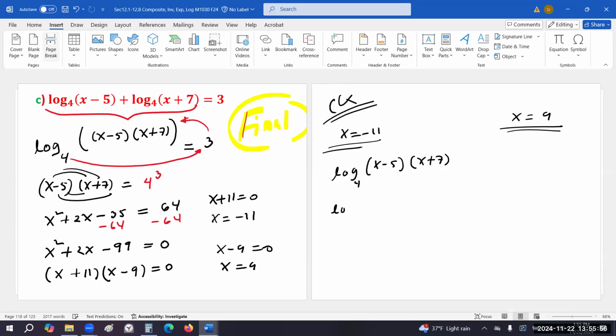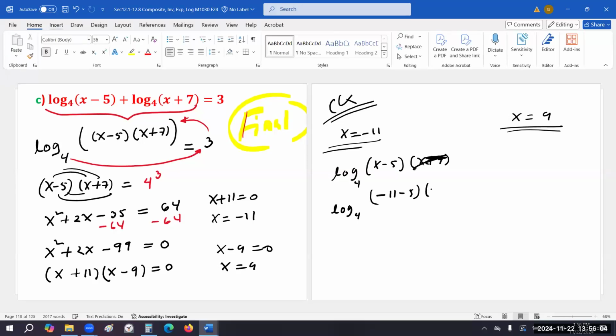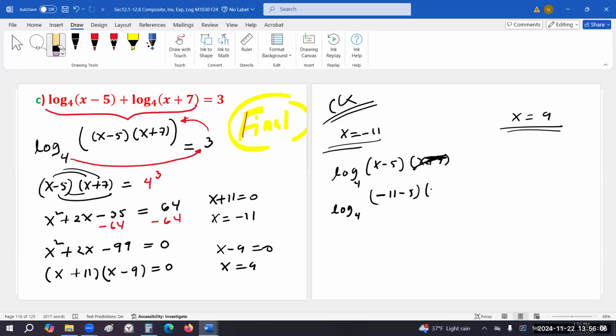So that gives us log of negative 11 minus 5. Sorry, my bad, you cannot use the single log. If you do, that means you get a positive answer, which is wrong. Yeah, negative becomes positive, but you cannot accept that.